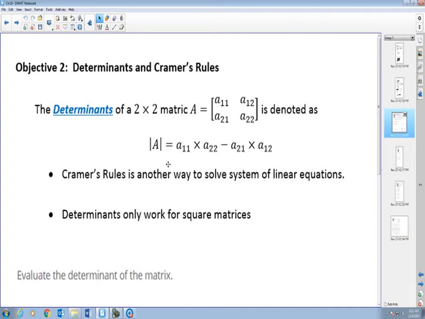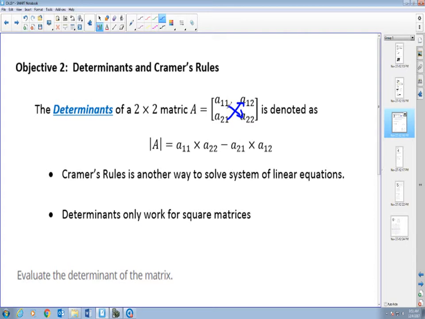Take the 1, 1 entry, multiply the 2, 2 entry. So we basically multiply them diagonally this way, then minus the 2, 1 entry multiplied by the 1, 2 entry.